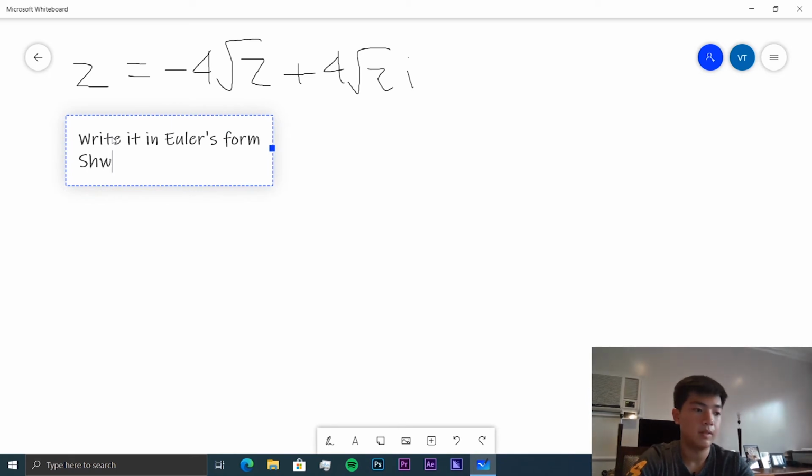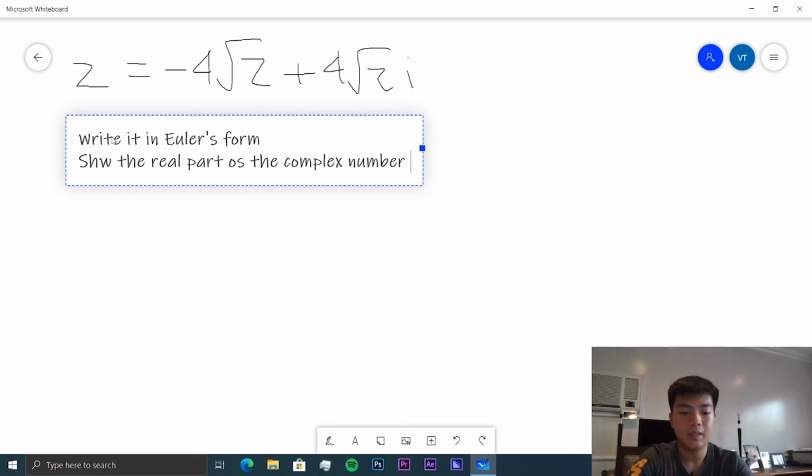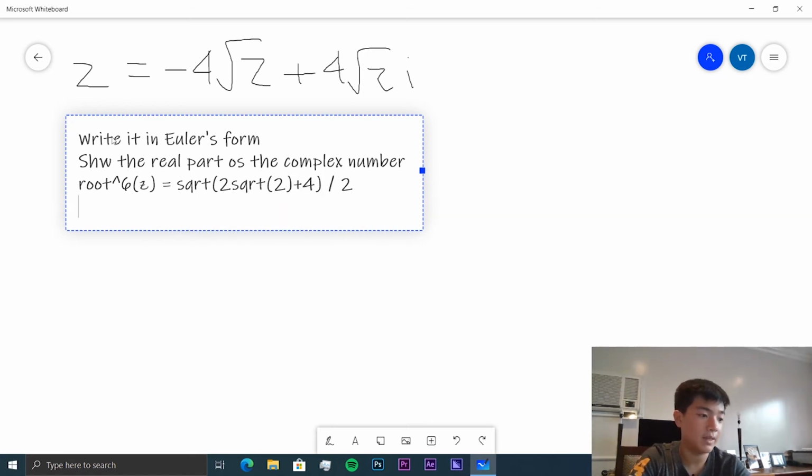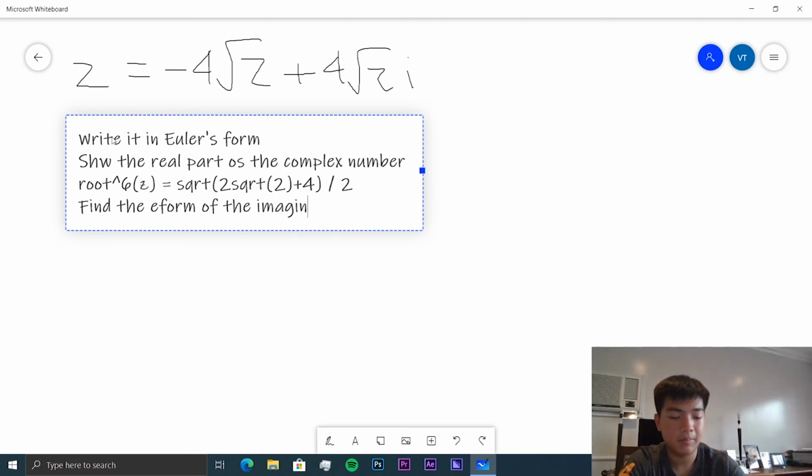Show the real part of the complex number 6th root z, where 6th root z is equal to square root 2 plus 4 divided by 2, and then find the exact form of the imaginary part.